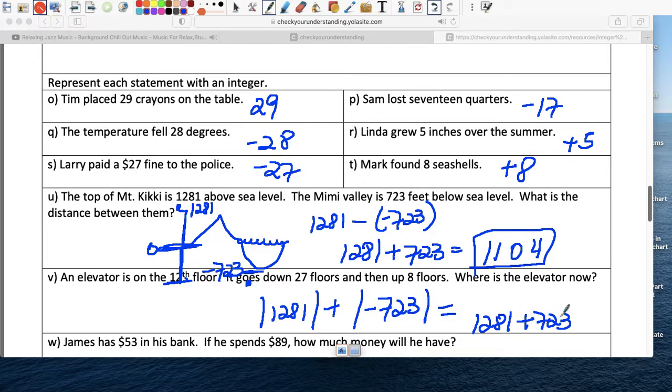Sorry, I missed something here. I think 1,904. 4, 10 equals 1. No, sorry, I added this wrong. My apologies. 4, 10, 1, 10. So 2,004. So either way, we get 2,004.